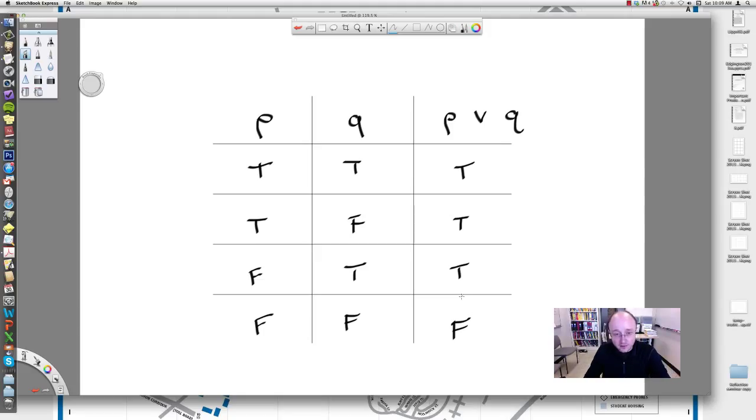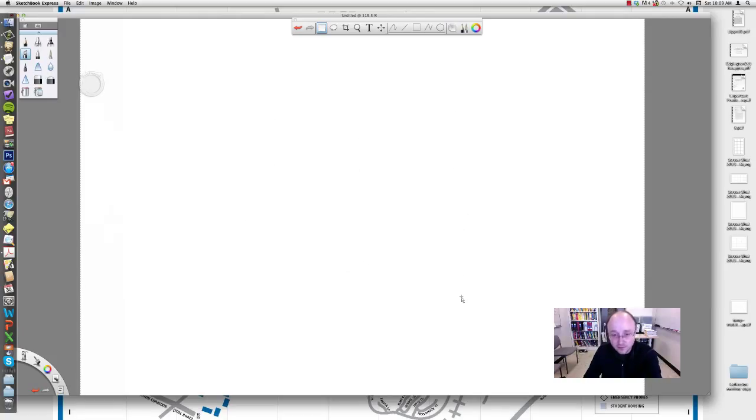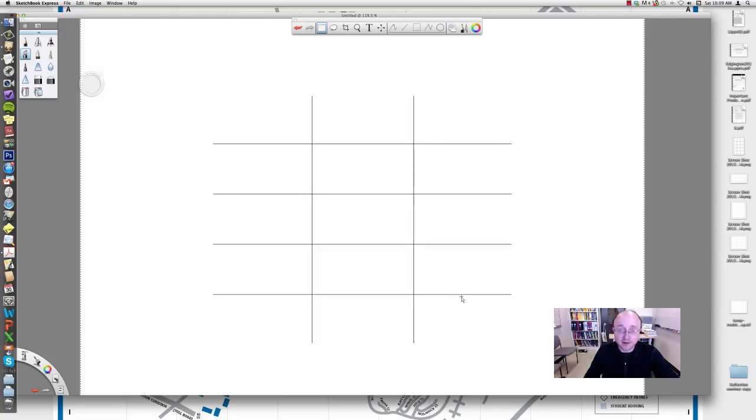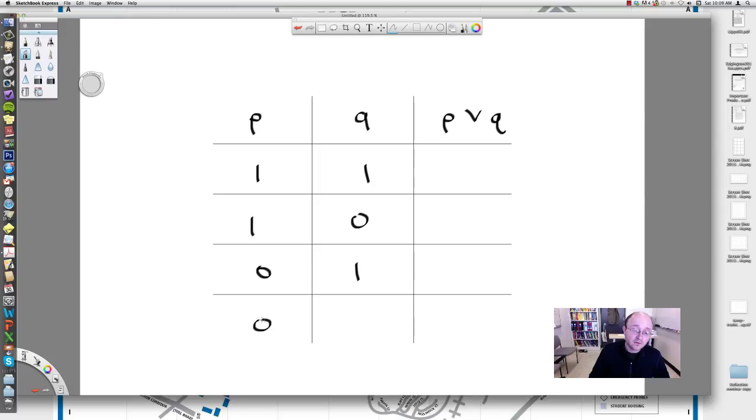Let's write it now just in terms of 0s and 1s instead of trues and falses, in case you want to memorize it in that way. Okay, I get my pen tool here. So we have P, Q, P or Q, and we enumerate the possibilities. True, true, true, false, false, true, false, false.